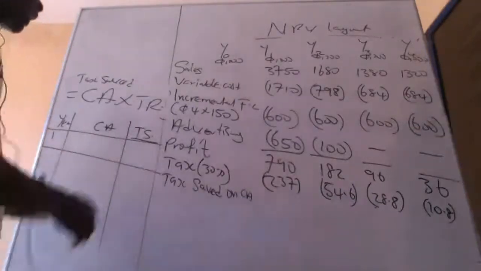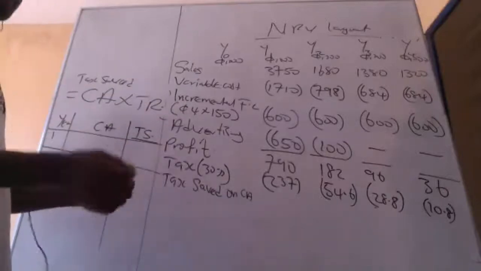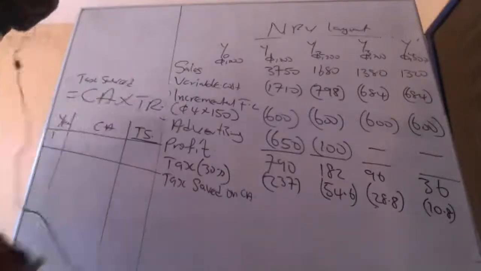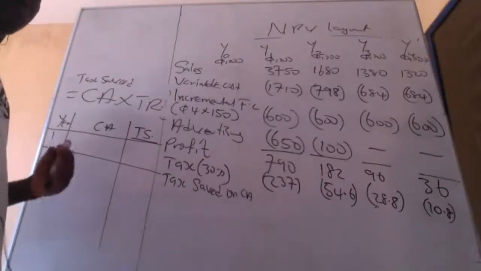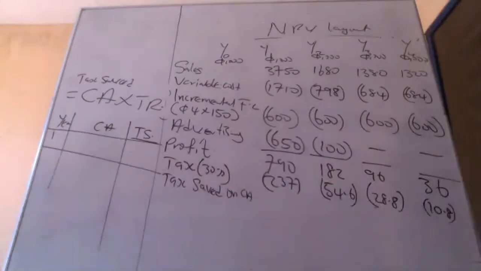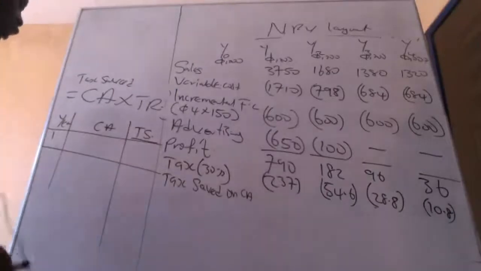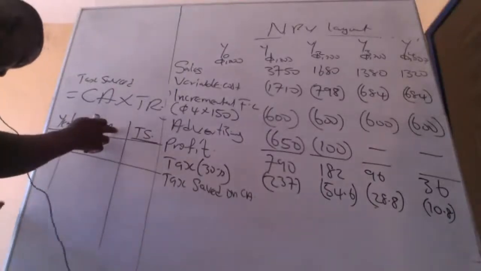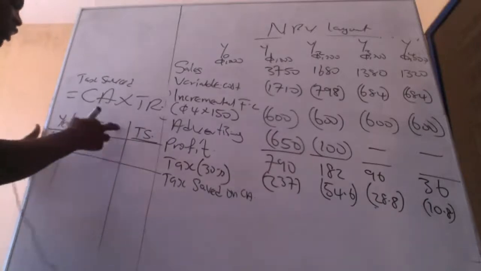Good. Now over here, all you want to do is calculate the capital allowance and multiply it by the tax rate. Capital allowance simply means taxman's depreciation. So if you want to get the taxman's depreciation, get the depreciation and multiply by the tax rate. You are done. How do you get the capital allowance?